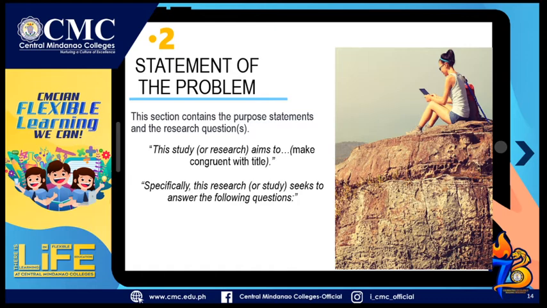So, this study aims to talk about, blah, blah. Next is especially, na mga examples later on. Especially, this research or study seeks to answer the following questions.